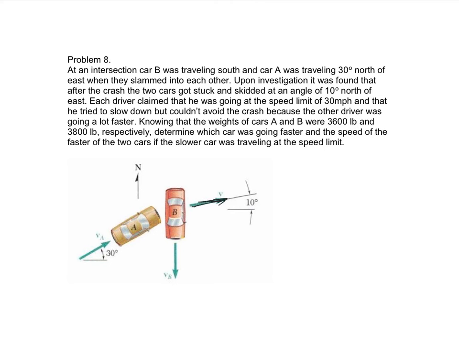Each driver claimed he was going the speed limit of 30 miles per hour and that he tried to slow down but couldn't avoid the crash because the other driver was going a lot faster. Knowing that the weights of cars A and B were 3,600 pounds and 3,800 pounds respectively, determine which car was going faster and the speed of the faster of the two cars if the slower car was traveling at the speed limit.